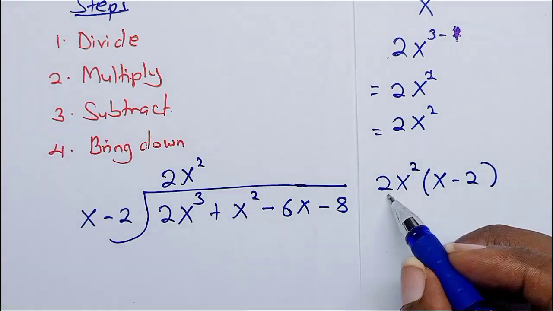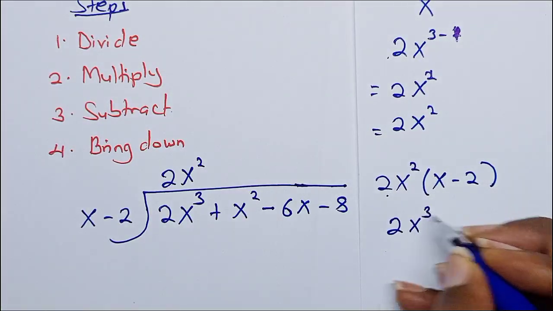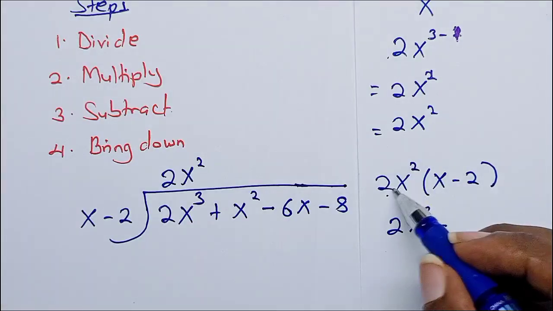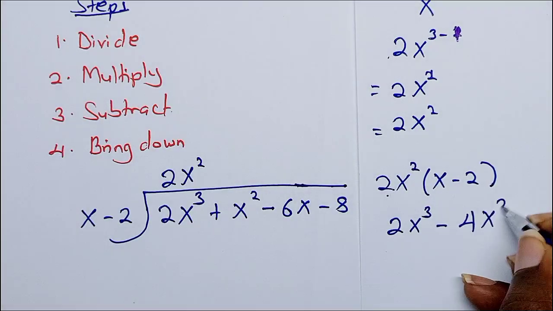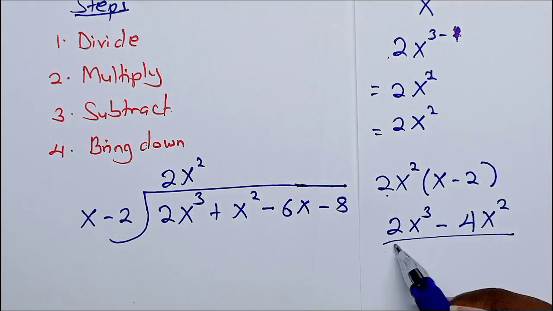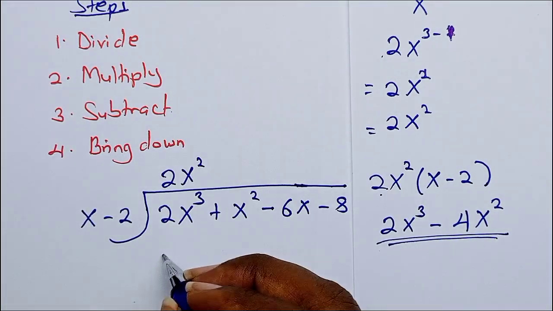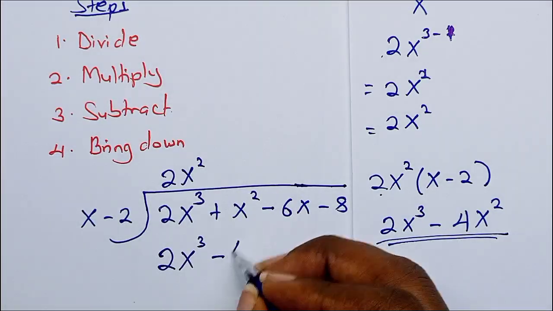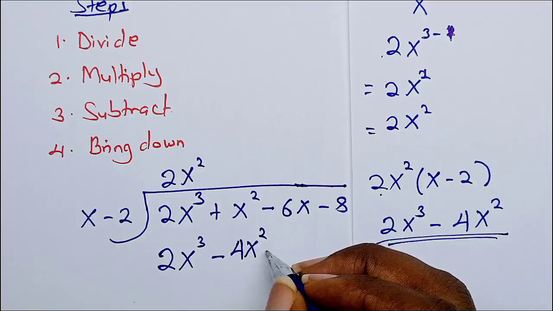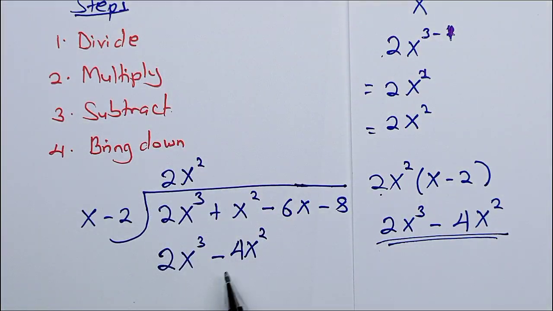We shall have 2x squared times x becomes 2x cubed, then minus 2x squared times 2 becomes 4x squared. So now this is what you put below here: 2x cubed minus 4x squared. We finished multiplying, and this is what we've got after multiplying.